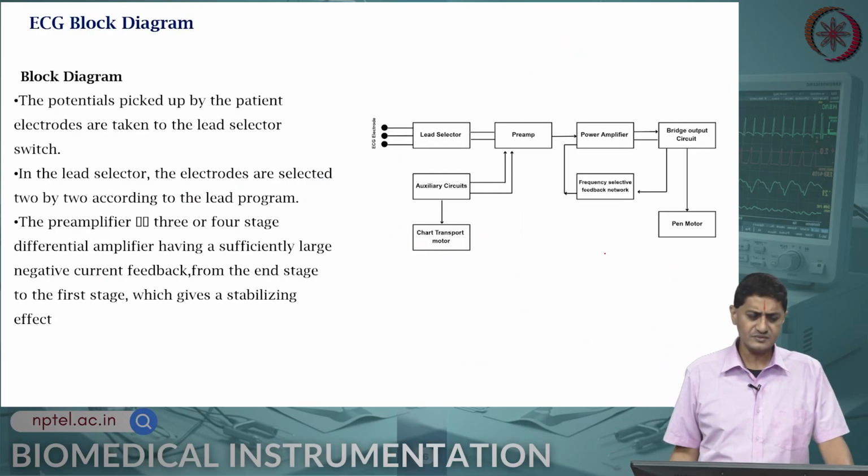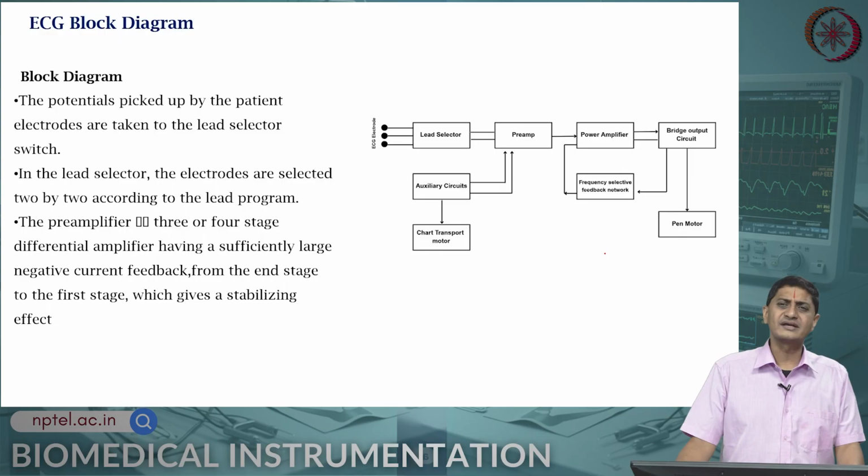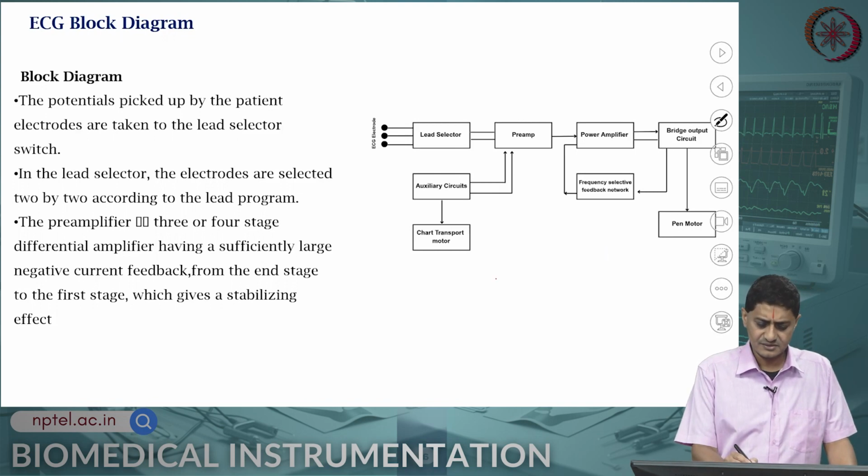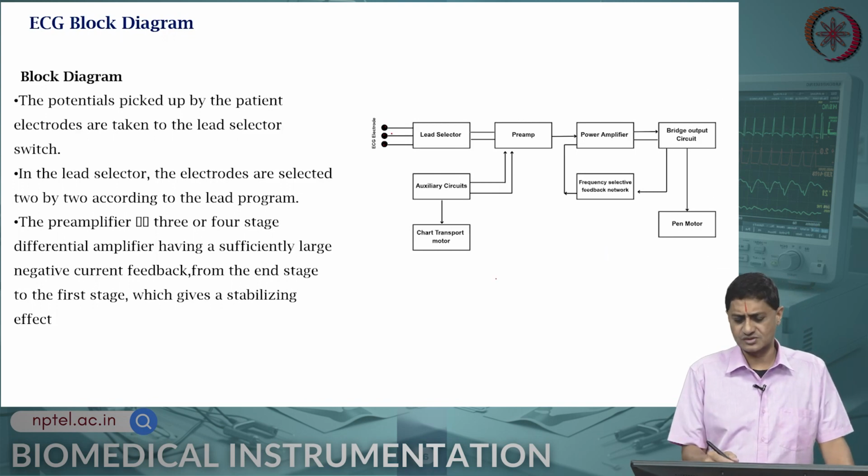Okay. Here is a typical block diagram of an ECG system. You have a lead selector that has multiple electrodes, only 3 electrodes are shown here.